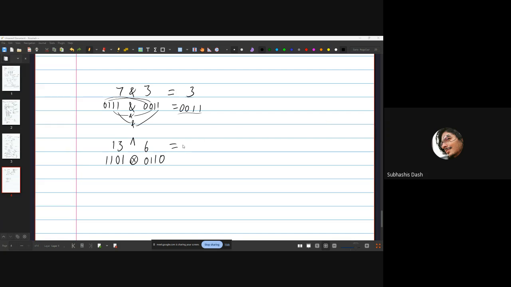Okay, so essentially if we XOR this one, 1 and 0 we get 1, 0 and 1 again 1, 1 and 1 is going to be 0, and 1 and 0 is going to be 1.